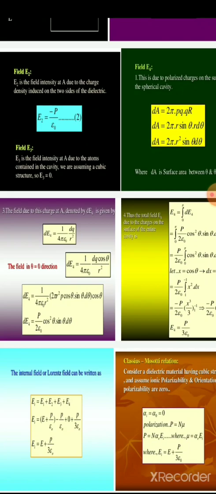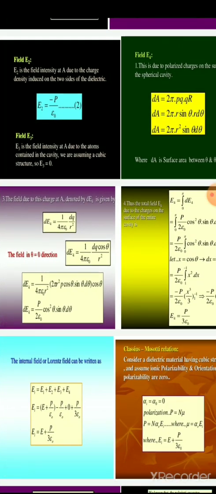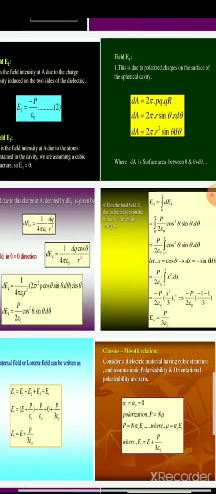The field in the theta direction, dE4, equals 1 by 4 pi epsilon naught dq cos theta by r square, taking the horizontal component dq cos theta. As I derived before, dq equals 2 pi P r square sin theta cos theta d theta. Substituting that value, with cos theta, it becomes cos square theta. So dE4 equals P by 2 epsilon naught cos square theta sin theta d theta.